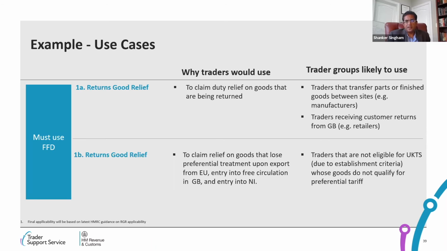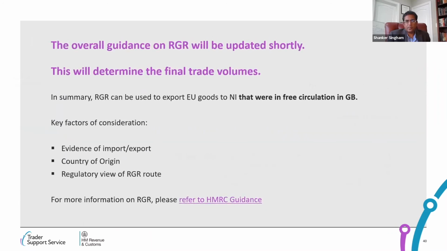We go to the next slide, please. So there will be guidance on gov.uk on RGR shortly, and that will be upgraded to reflect the Northern Ireland situation. But the key things that you need to think about here are, what is my evidence of the original import?